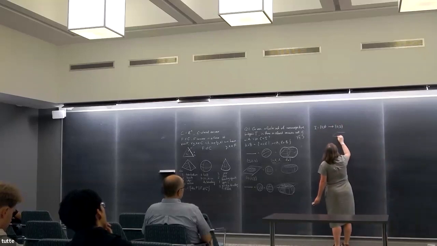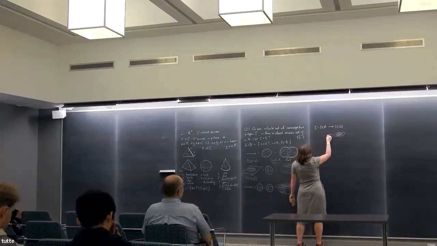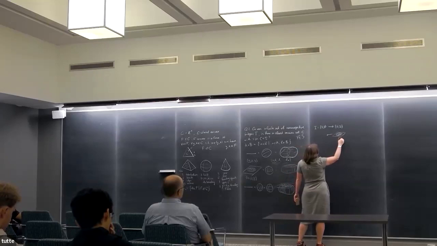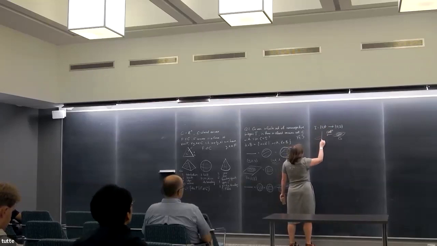So in this case, the disk. And then take the direct sum of this set with the space of this dimension, in this case R1. So I'll get a set like this.